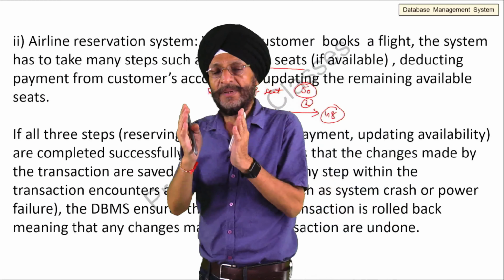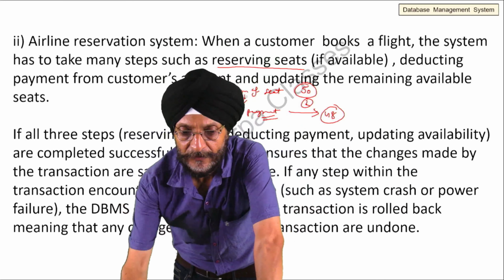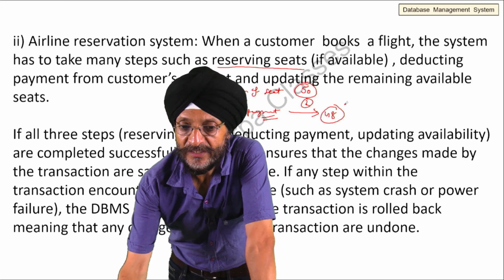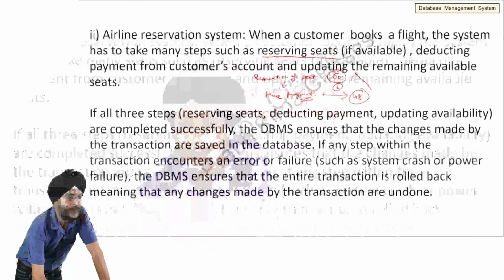Then the DBMS system will ensure that the seat which was being allocated to you is reverted back to 50.